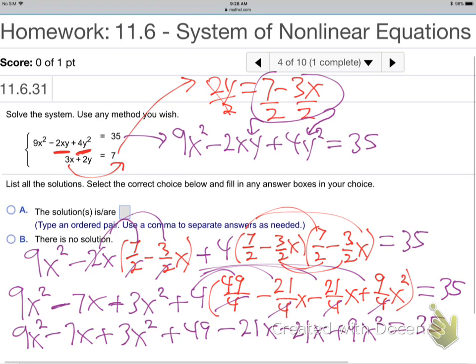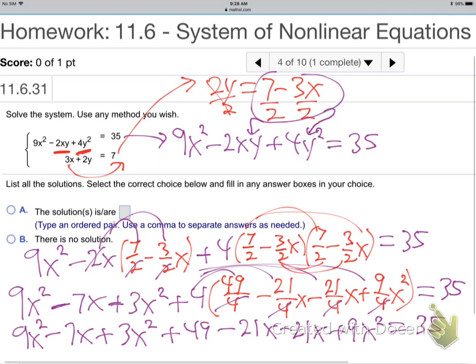No more fractions. Lot of mess, but no more fractions. So now we're getting there. So this road is easier. It's easier to start with y. So you okay with that?